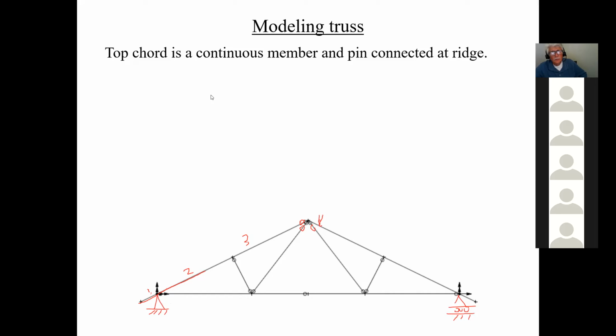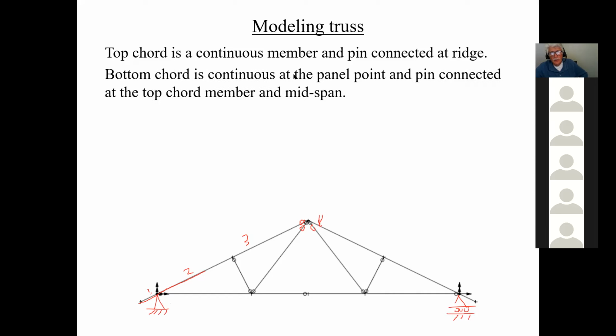And the bottom chord is continuous at the panel point and pin connected at the center of midspan. So in other words, this member here, it's pin connected here, continuous, and pin connected to this member. You notice I don't have two circles. Don't do that. Some programs will crash on you.